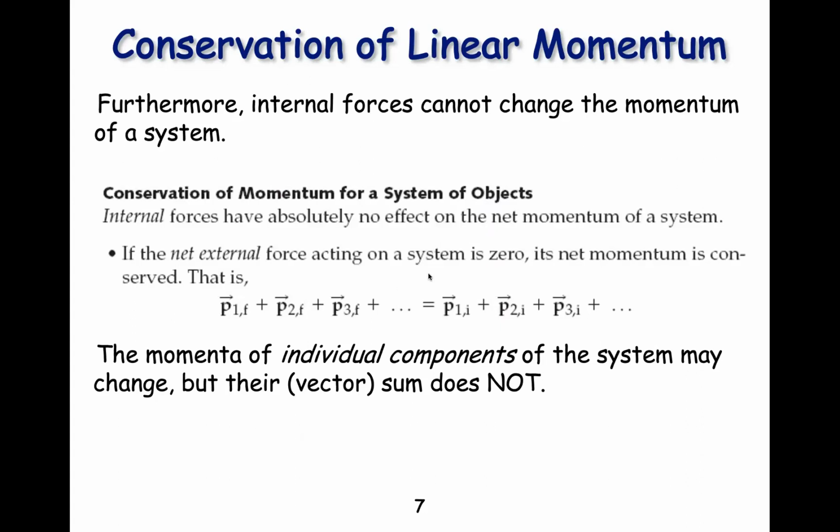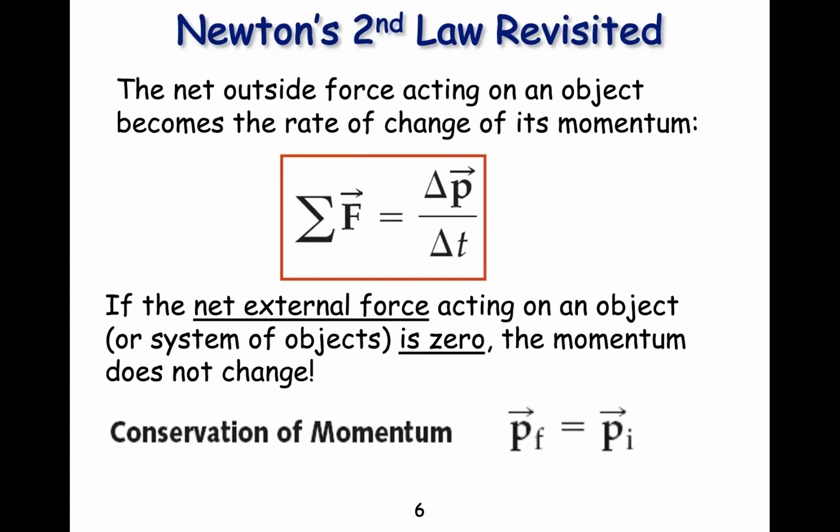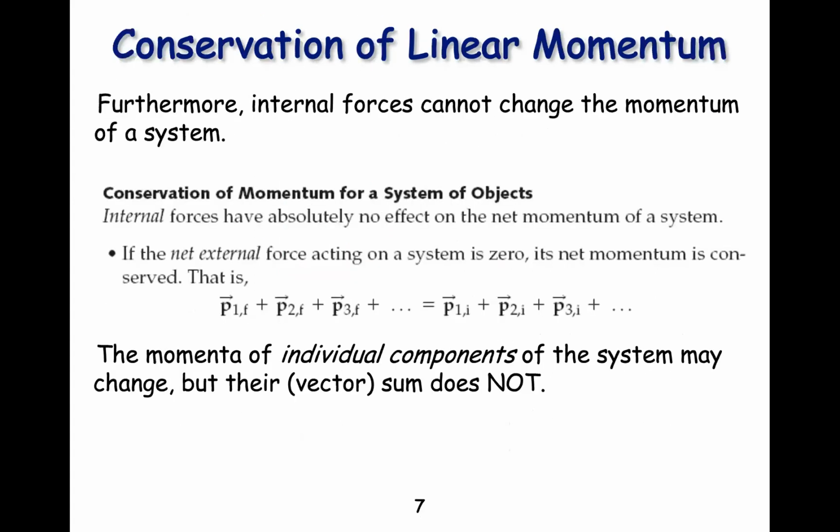Okay. So if we have, instead of just a single object, a system of objects and we talk about the external forces, that on the previous slide, this is the external forces acting on the outside of the whole system of objects, then we can say, if that sum of external forces is zero, then the sum of all of the momenta of all of the objects at any final time, so you can see this left-hand side, at any later time, is equal to the sum of all the momenta of all the objects at any earlier time.